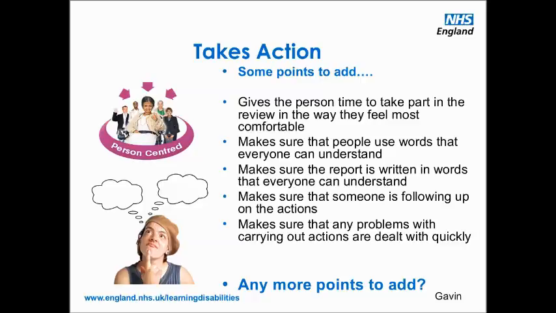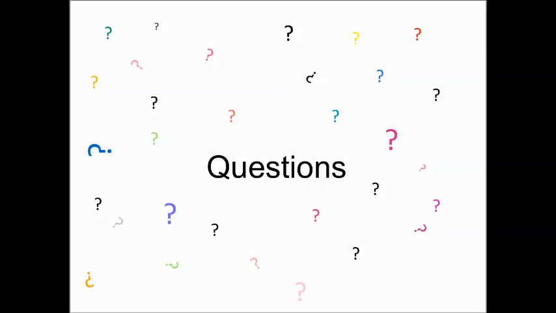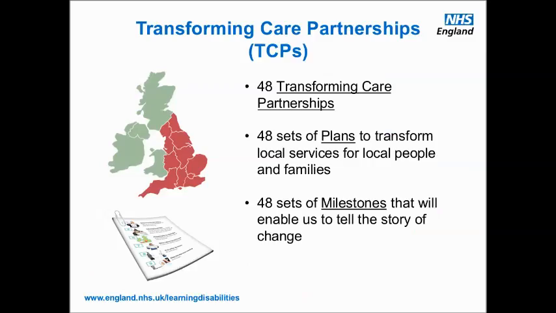Okay, I will start just by giving a little bit of context. An important point to make at the outset is that Transforming Care has always been an all-age programme. So the policies that we've heard about so far today, in terms of the CTR policy, and the things that I'll go on to talk about, such as the service model and building the right support, do apply equally to children and young people as they do to adults.